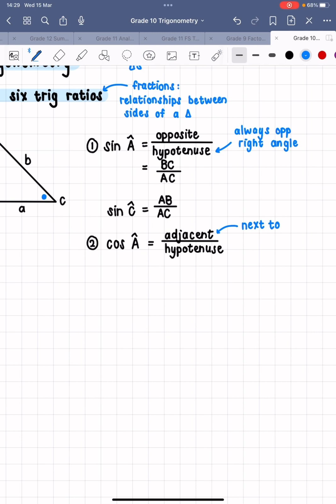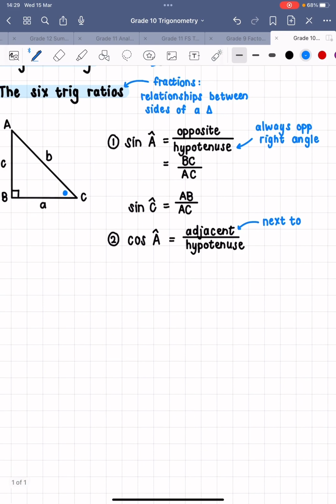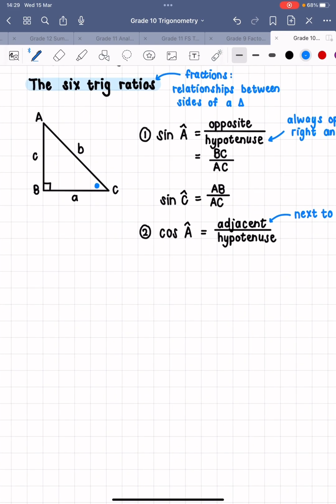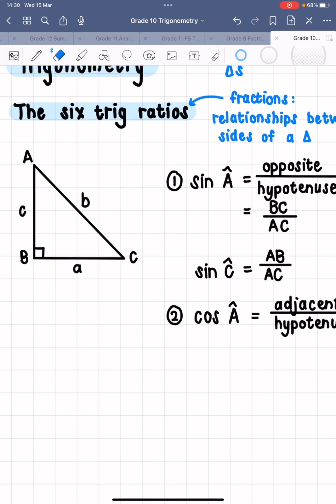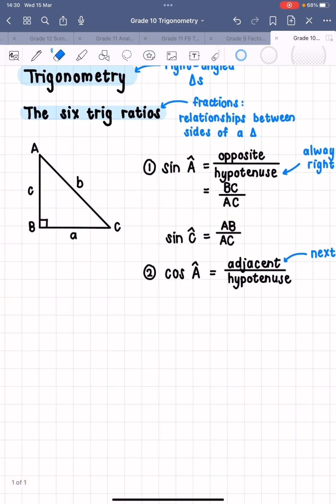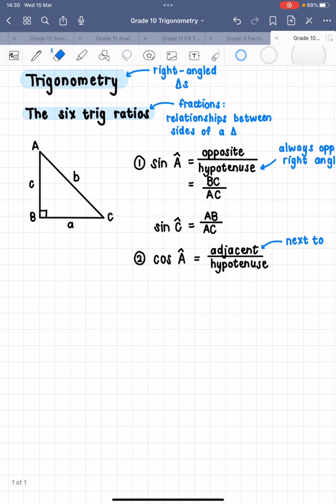So we're going to look for the side that is next to angle A. I'll come back to this just now. I just want to look at the picture. Oh, we can actually see it. If we're looking at angle A, let me just quickly take away this dot. If we are looking at angle A, which side is next to angle A?